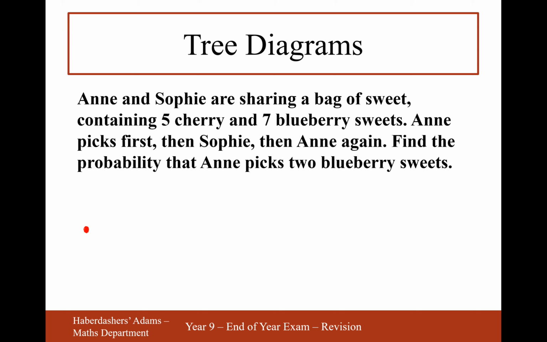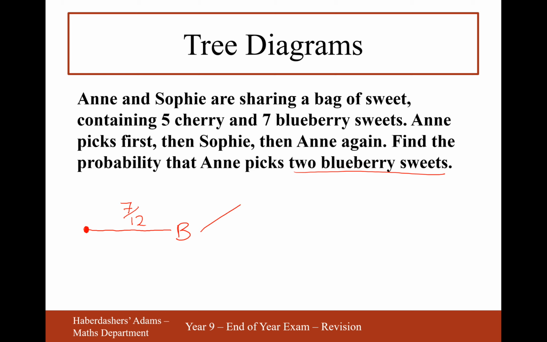So the first pick is Anne. And Anne only has one choice if I'm looking to answer this question, and that's to pick a blueberry sweet. So I've got 7 blueberry sweets on offer out of 12 in total. Then after Anne picks a sweet, it's Sophie's turn.